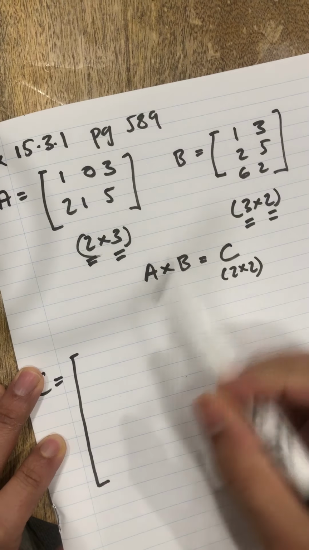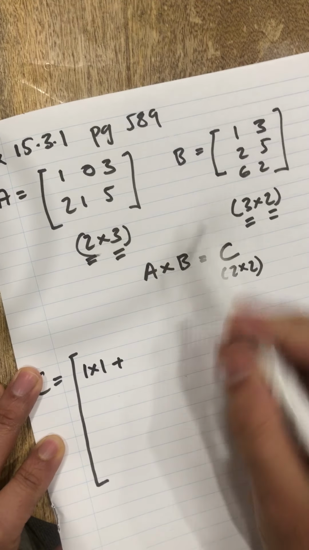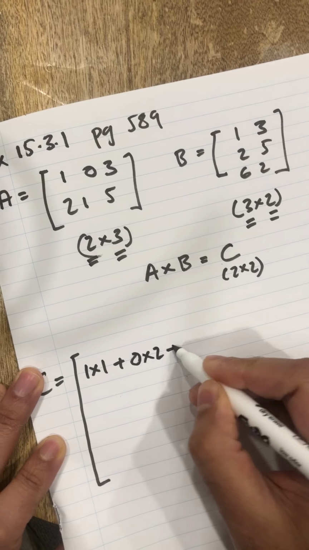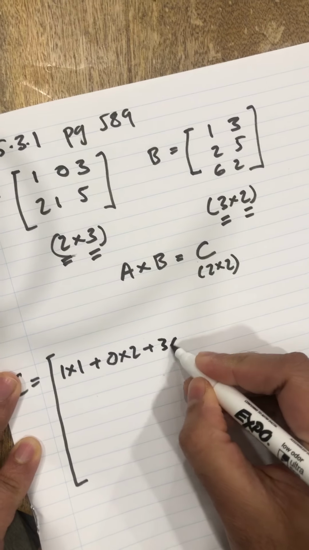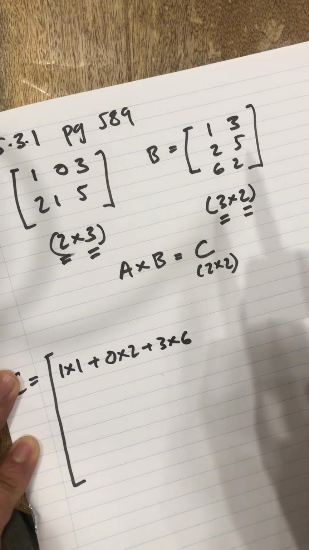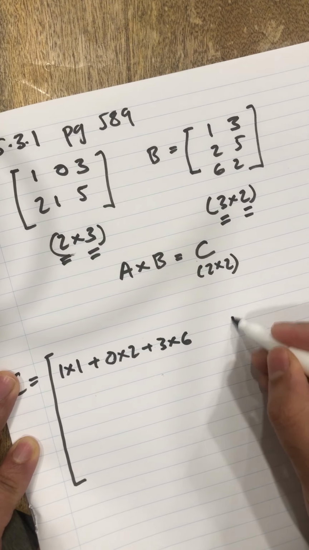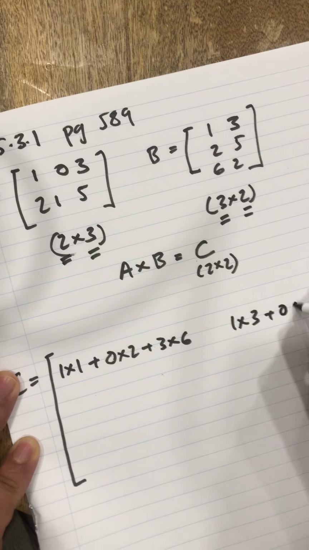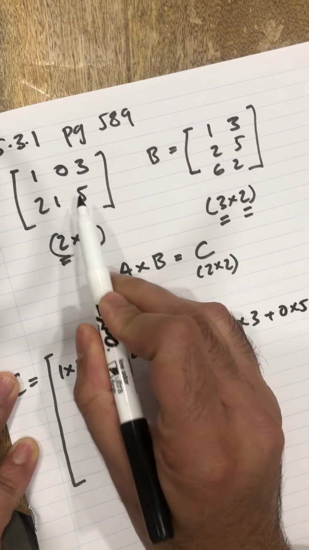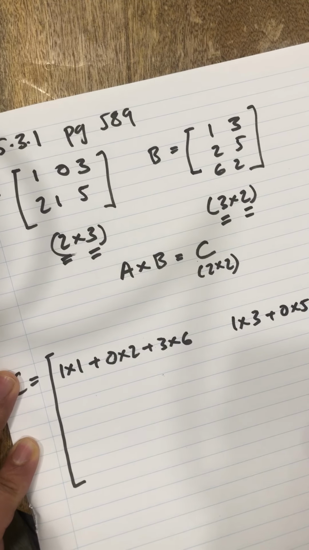1 into 1 plus 0 into 2 plus 3 into 6. That's your first entry. The second entry is 1 into 3 plus 0 into 5 plus 3 into 2.